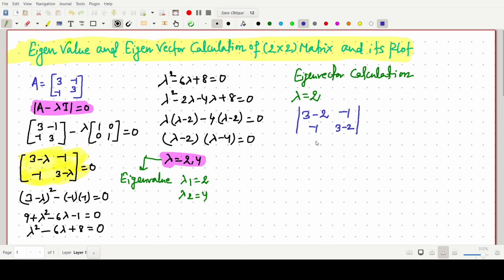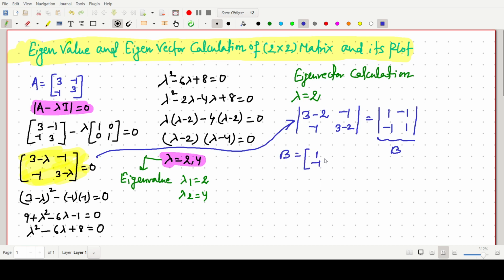Okay, we are just putting the value of lambda here, so we can write this as 3 minus 2, which is nothing but simply 1, minus 1, and it should be minus 1 and it should be 1. So this one is some matrix, say matrix B. Now this B is the matrix 1 minus 1, minus 1 and 1.